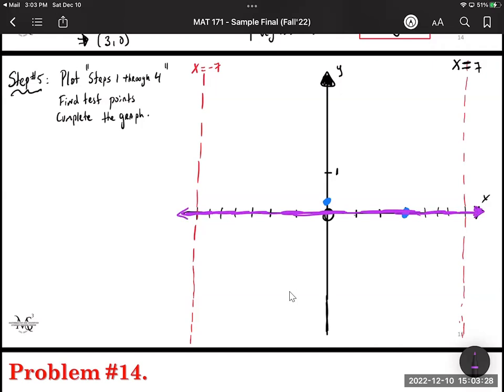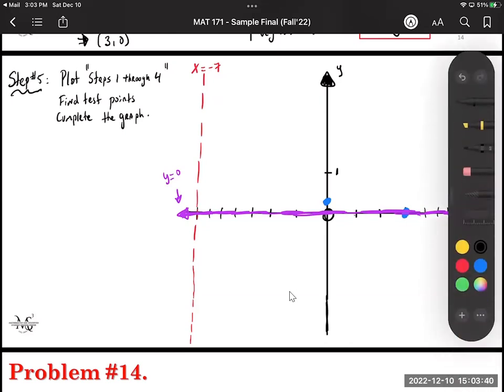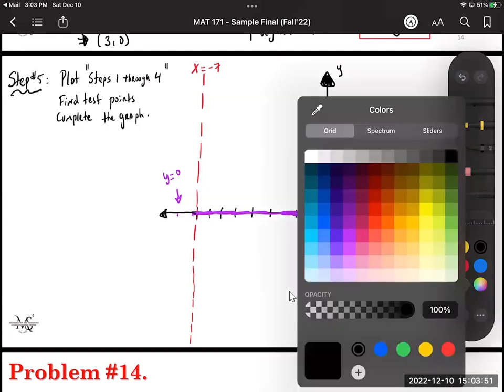So in purple, I have the line y equals 0. That's my horizontal asymptote. All right, so I need some more test points here. What I'll do is I'll extend this graph just a bit. Might need another test value there.